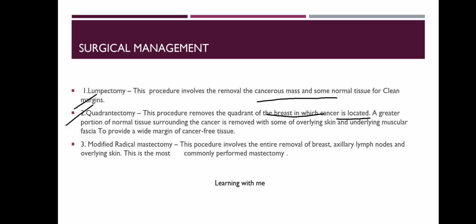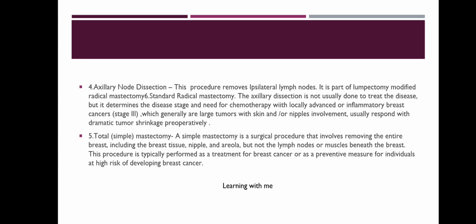A greater portion of normal tissue surrounding the cancer is removed with some of the overlying skin and underlying muscular fascia to provide a wide margin of cancer-free tissue. Modified radical mastectomy: this procedure involves the entire removal of breast, axillary lymph nodes, and overlying skin. This is the most commonly performed mastectomy.